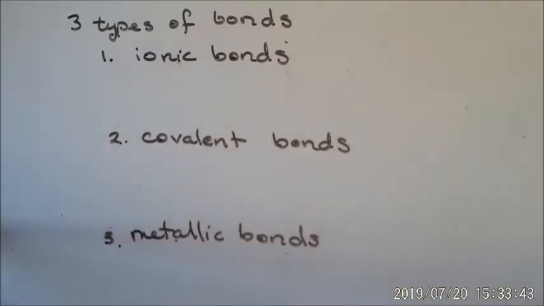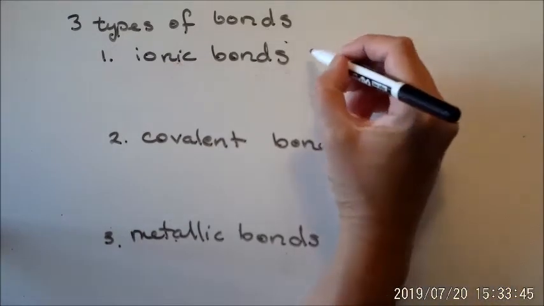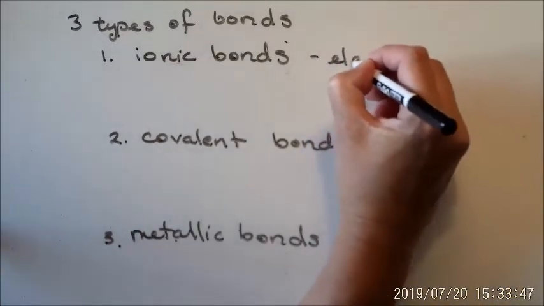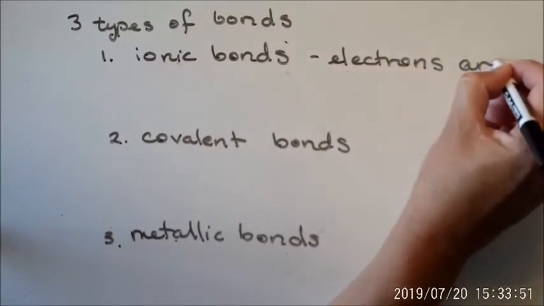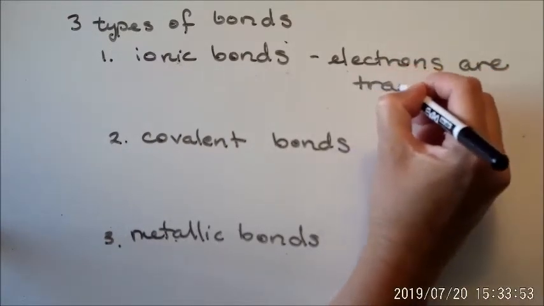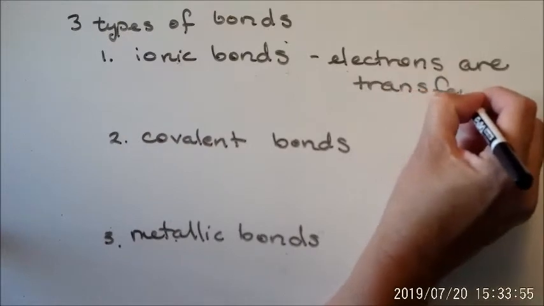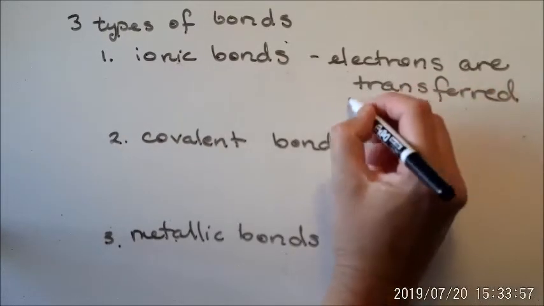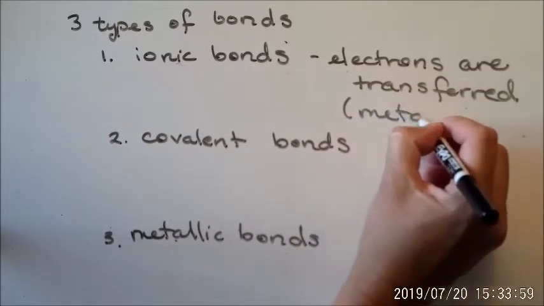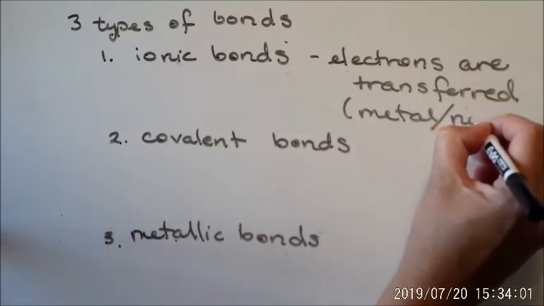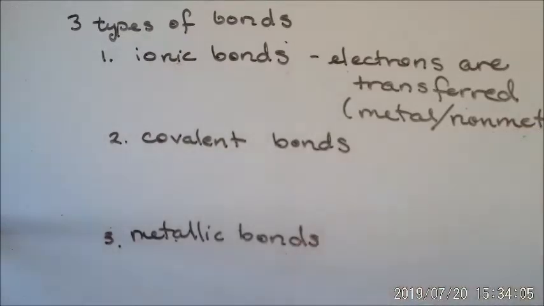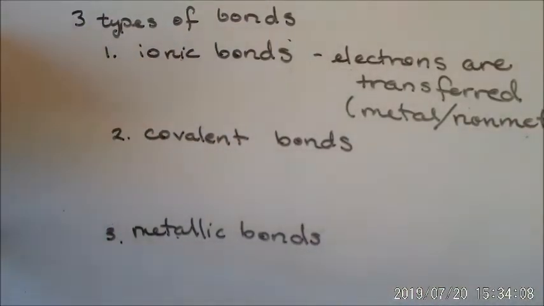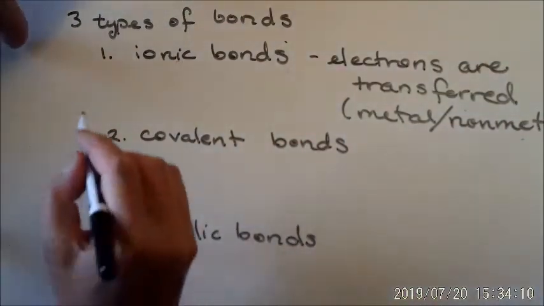So in ionic bonds, the electrons are transferred. They're typically metal with non-metal. A perfect example would be sodium chloride.